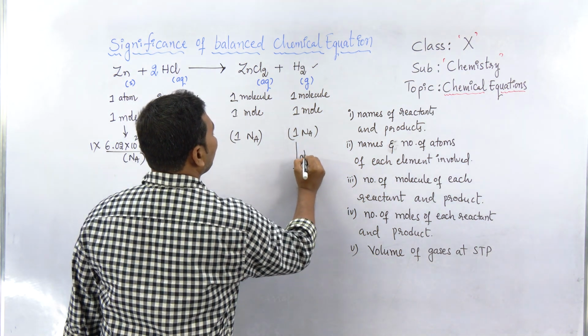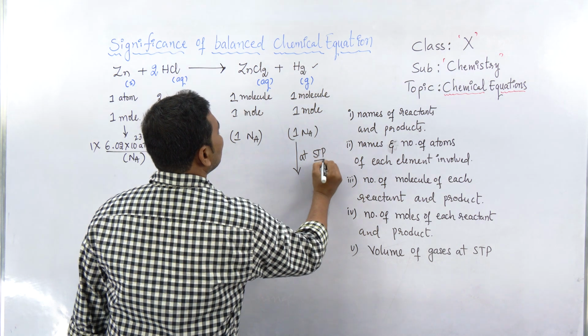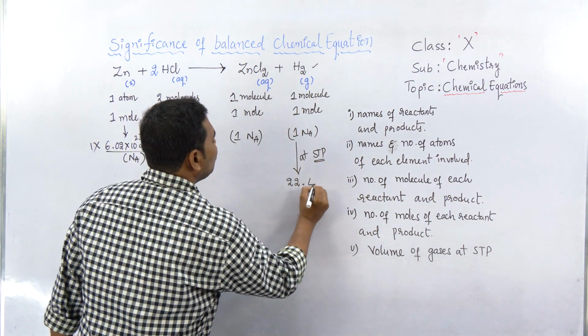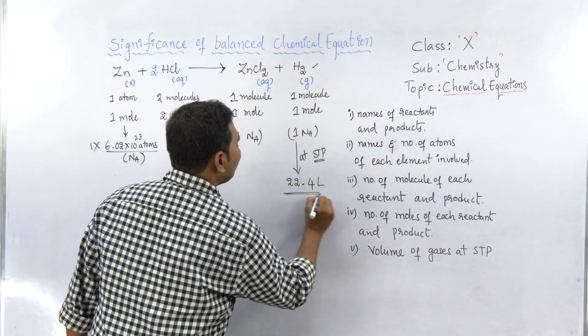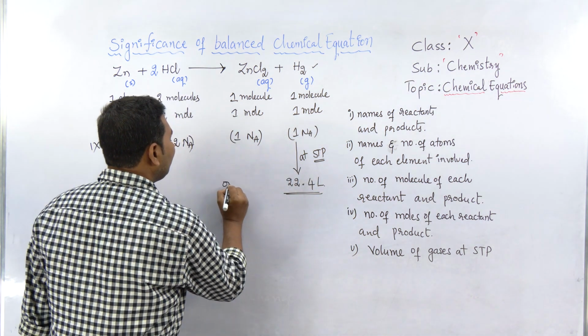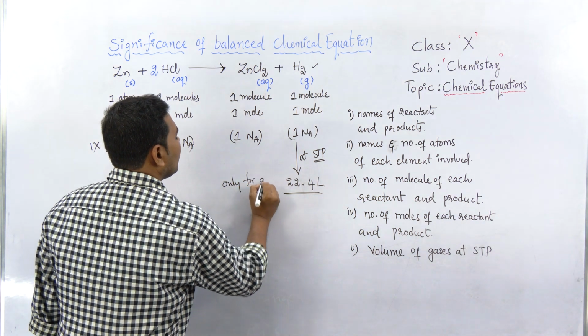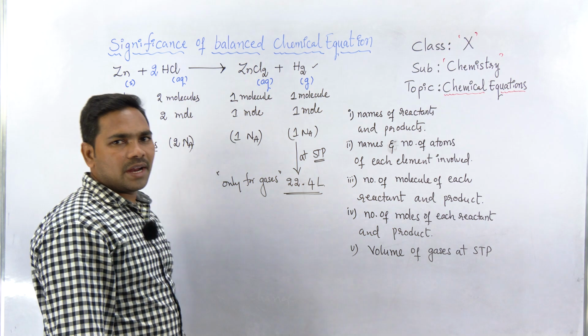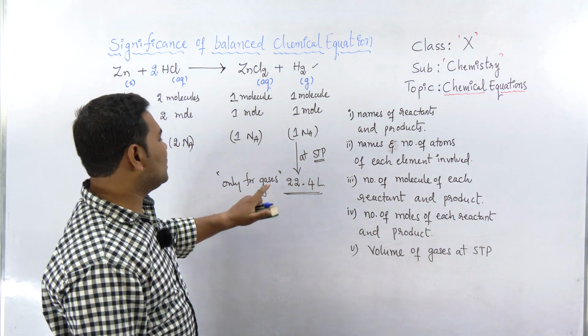So if I write this, hydrogen gas at STP condition occupies 22.4 liters of volume. Okay, this is only for gases, or gaseous reactants and products.